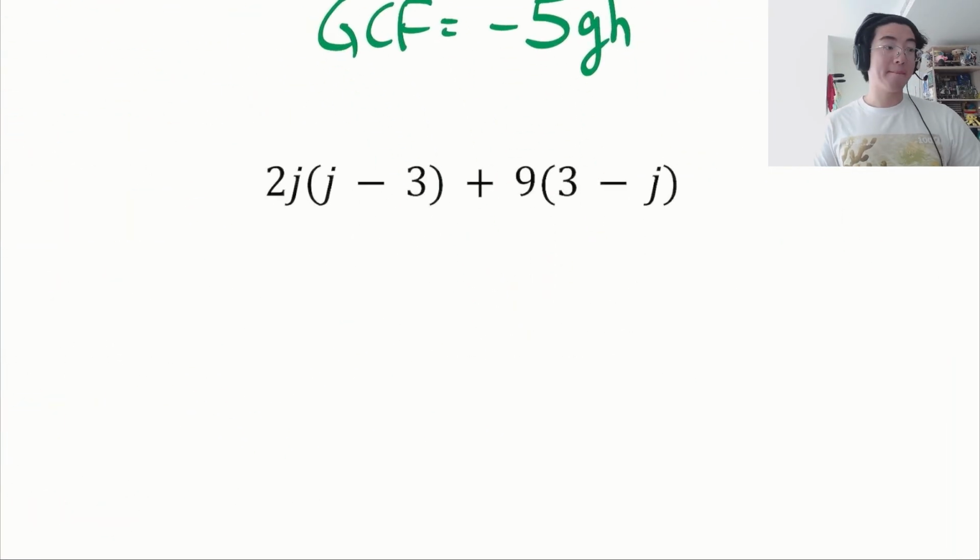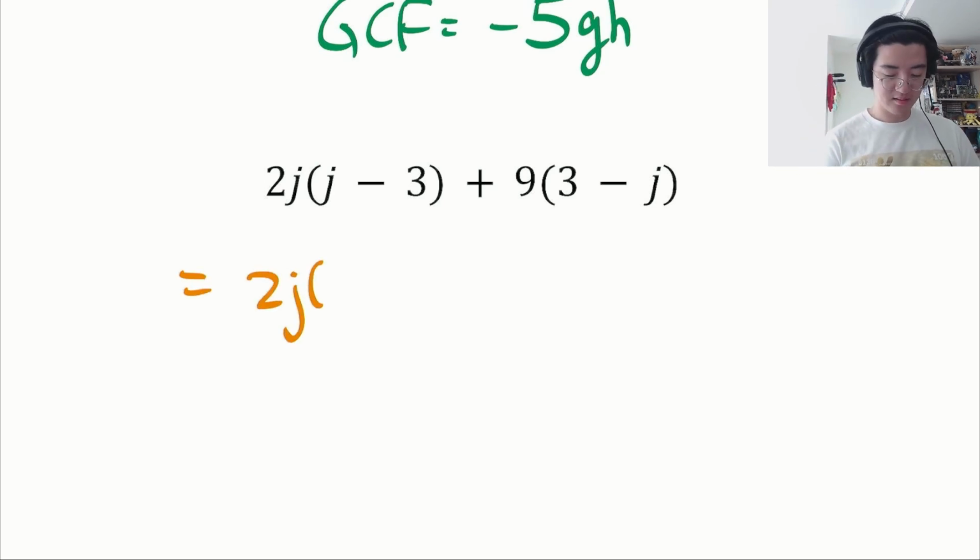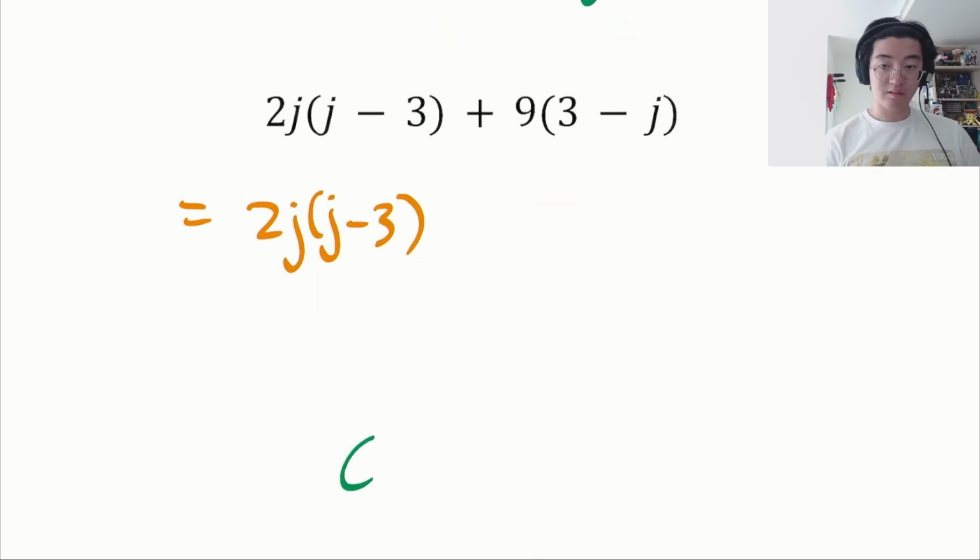How about here? Unfortunately, we have to rearrange it now. j minus 3 is not the same thing as 3 minus j. So what we could do here is to say our greatest common factor has to be j minus 3.